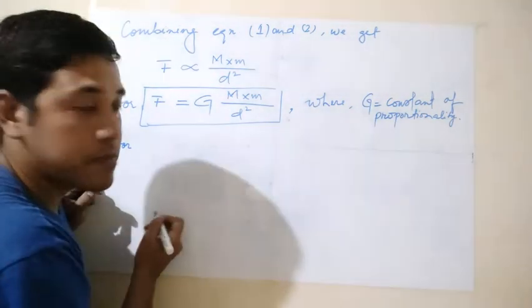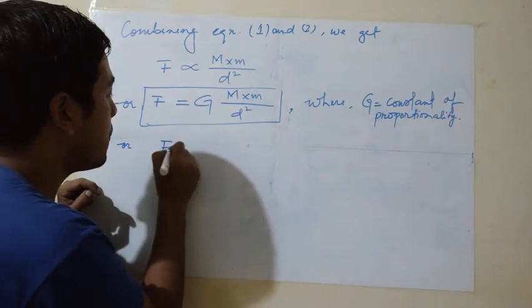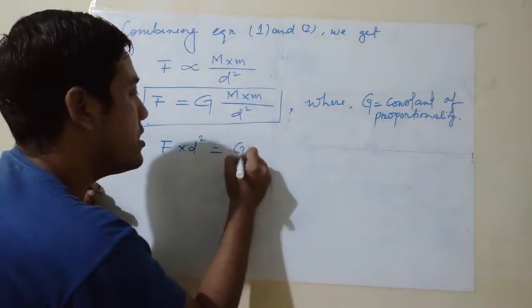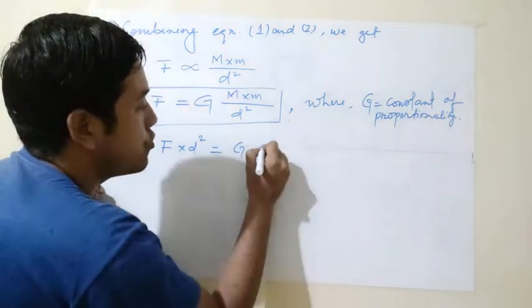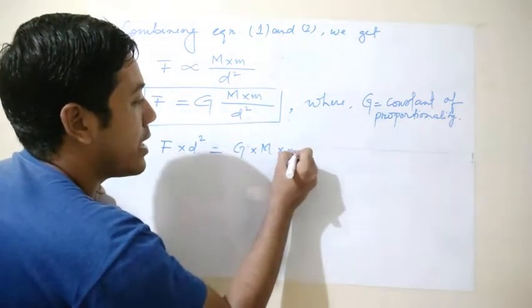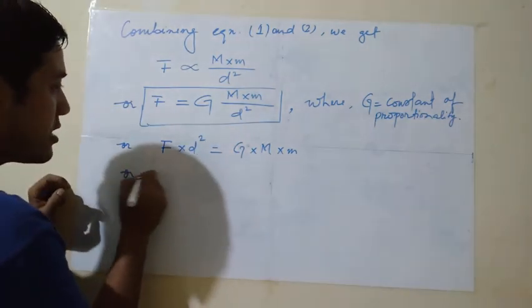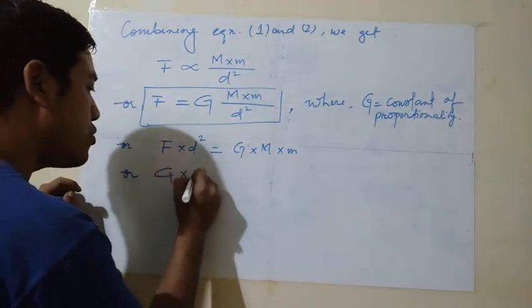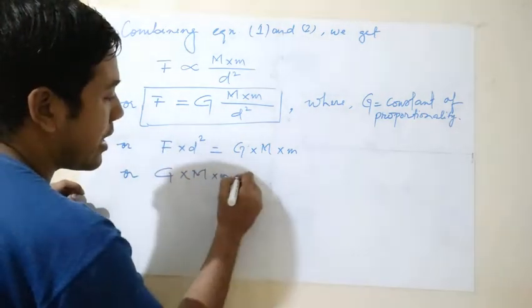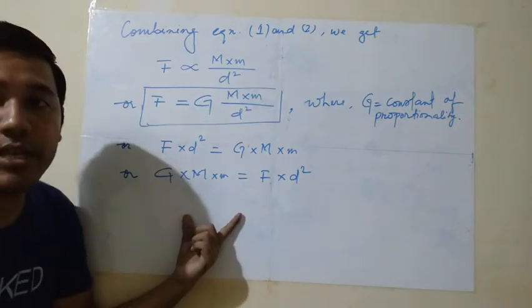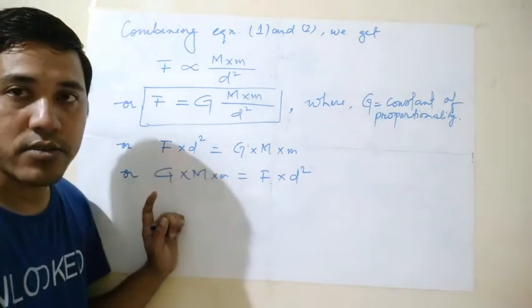You do the cross multiplication, it will become F into d square is equal to G into M into M, right? You can interchange the sides, then G into M into M is equal to F into d square. We simply interchange the left side and the right side, right?